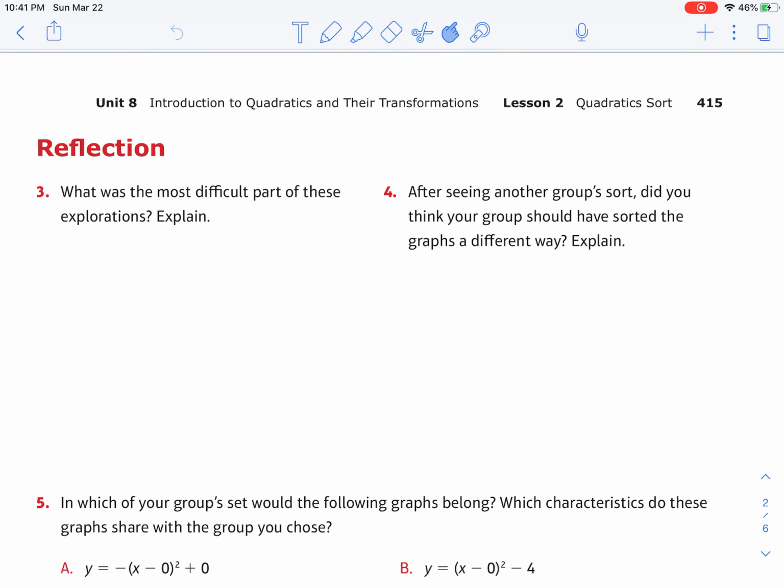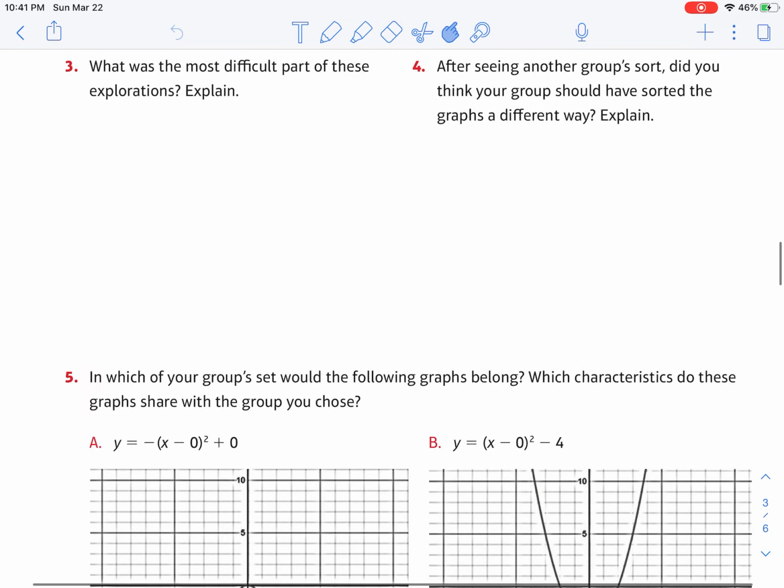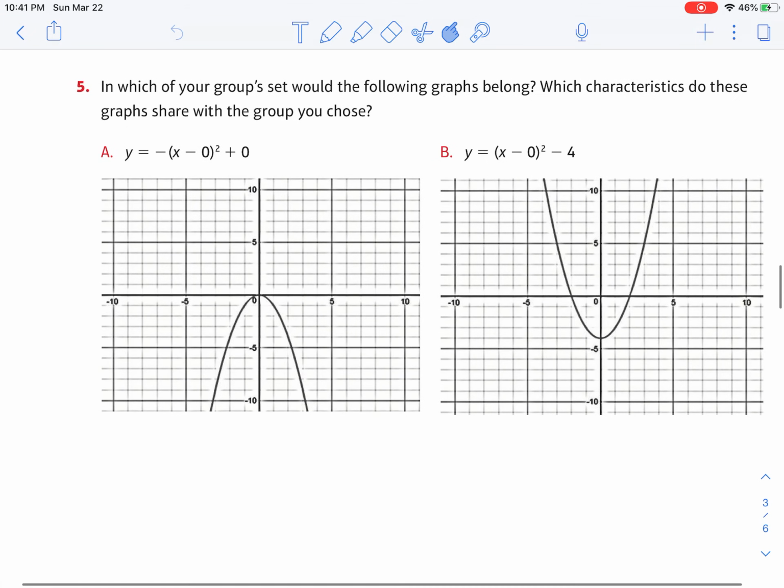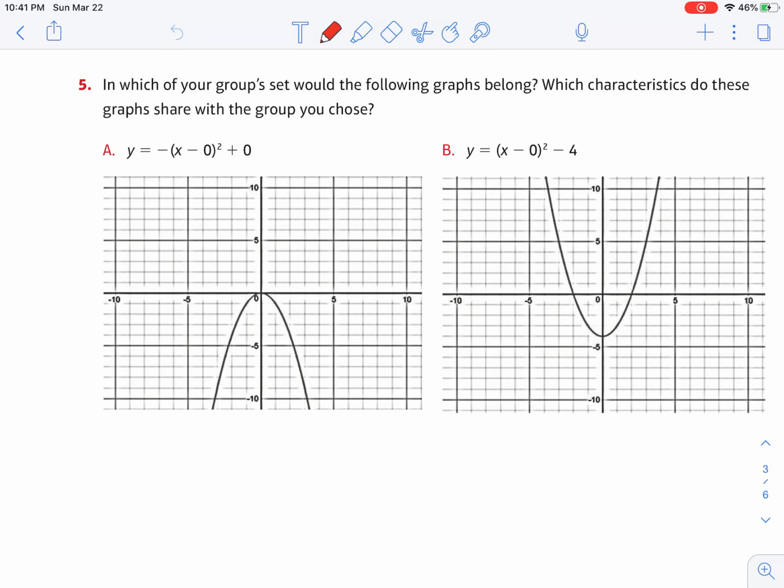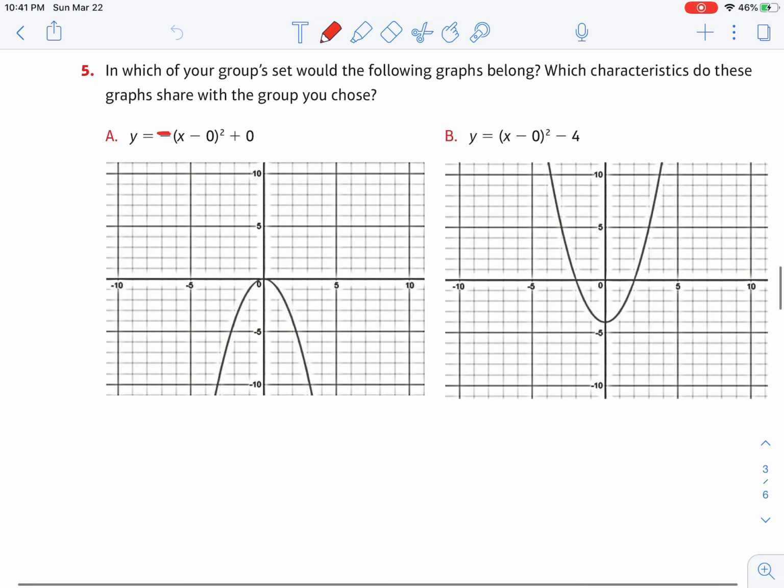It should look like this. Okay. We're going to talk about some key things here. We're going to talk about this is negative and this is positive. This being a negative causes it to be upside down.